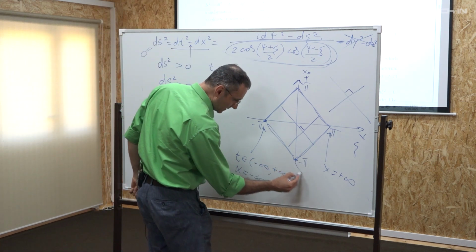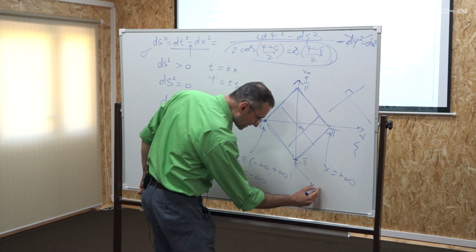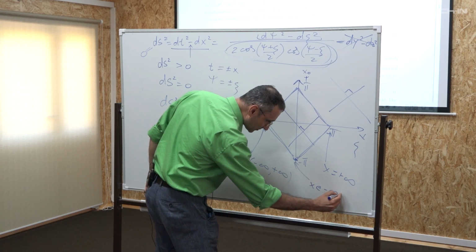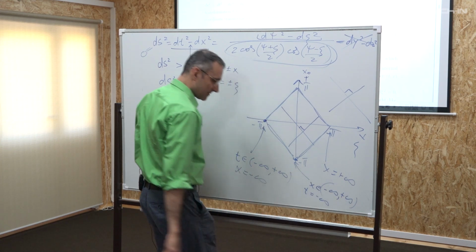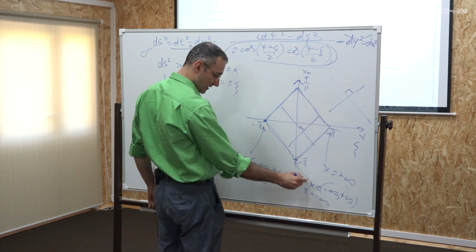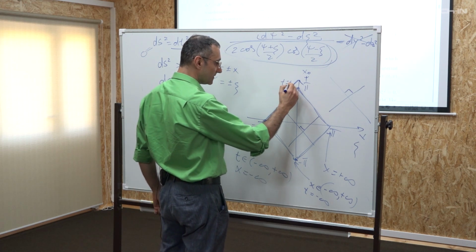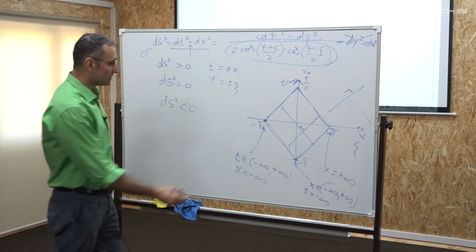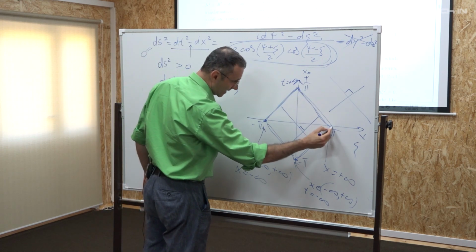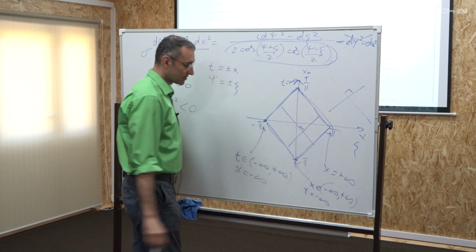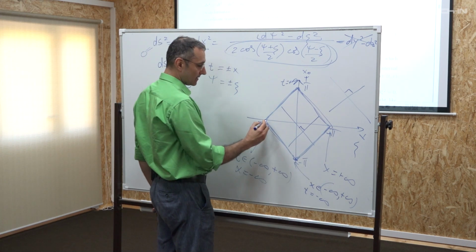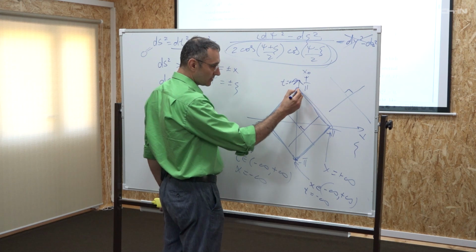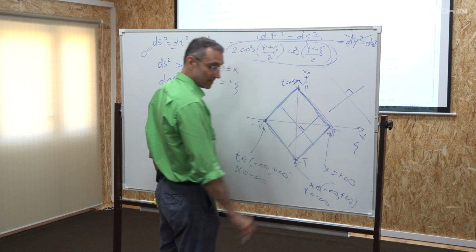This point is space, x running from minus infinity to plus infinity at t equals minus infinity. And this is the same thing at t equals plus infinity. Meanwhile, these are light-like lines. This is called light-like past infinity. This is light-like future infinity.